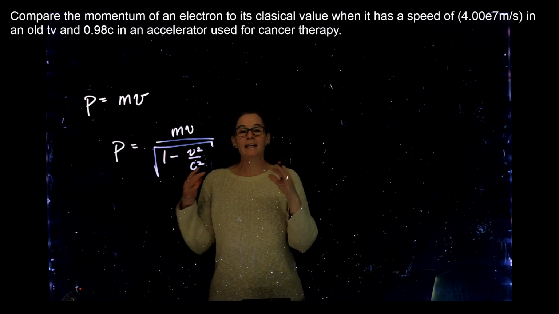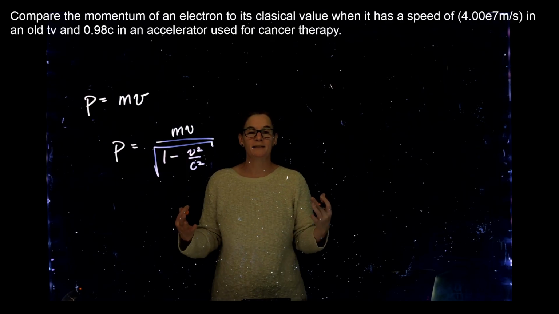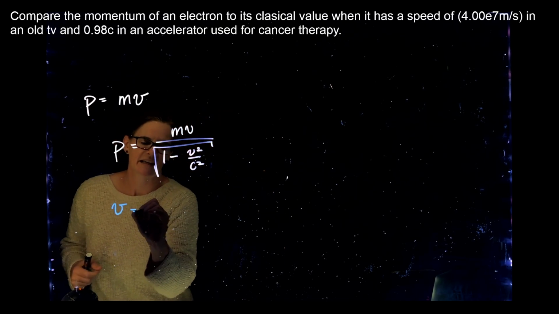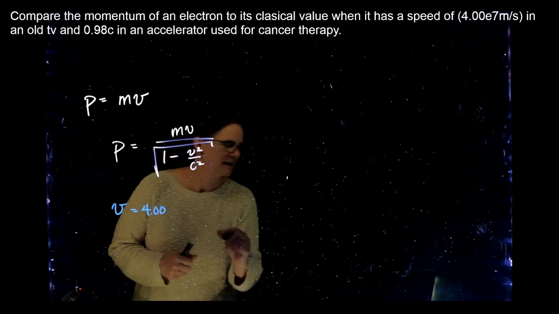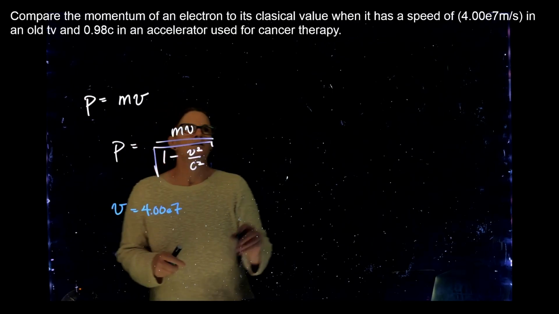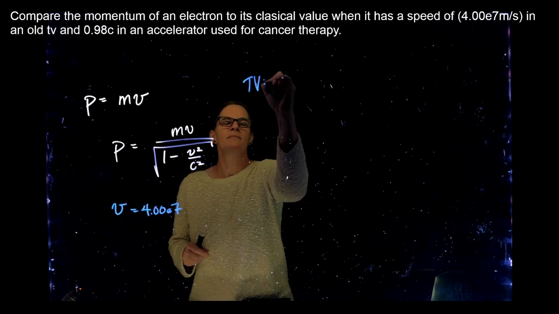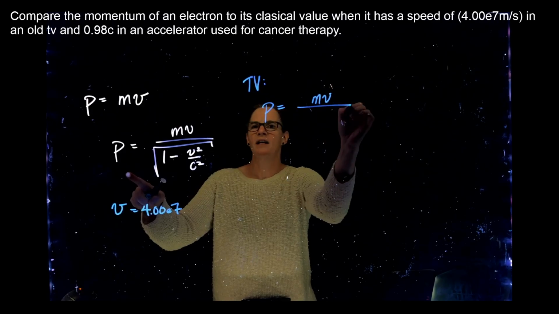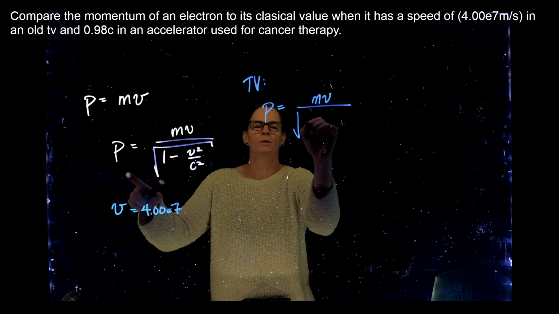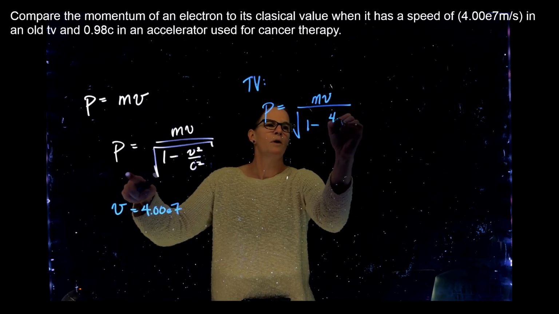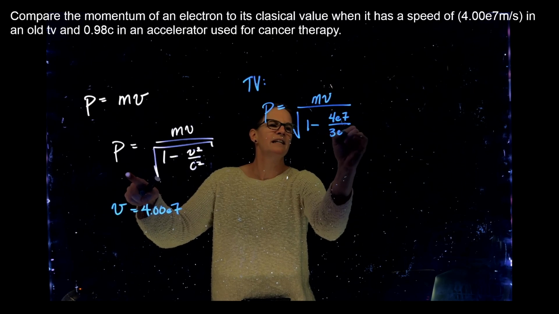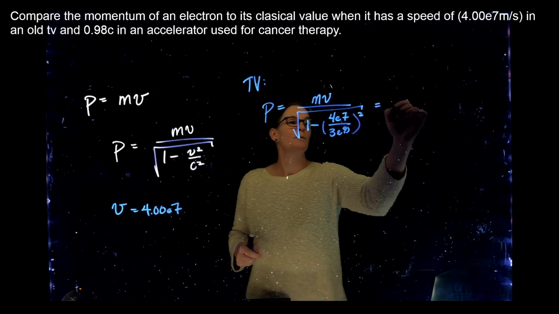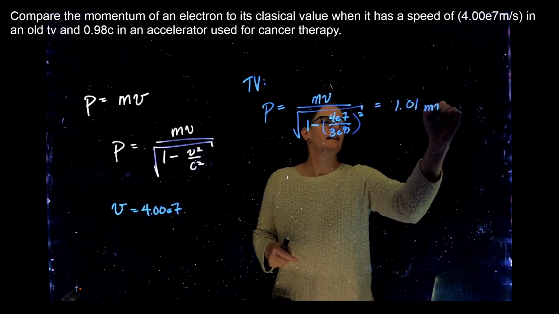Okay, so let's look at how this compares in our two cases. In a CRT monitor, the speed of the electron is equal to 4.00 times 10 to the 7th. So in the TV, our momentum is going to be mass times velocity divided by the square root of 1 minus 4e to the 7th over 3e to the 8th, quantity squared, and that equals 1.01 mv.